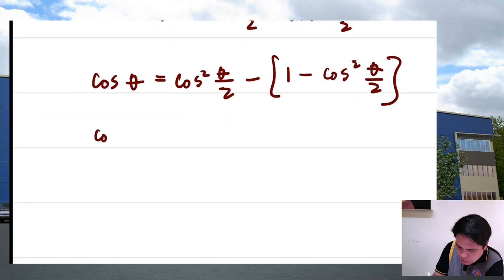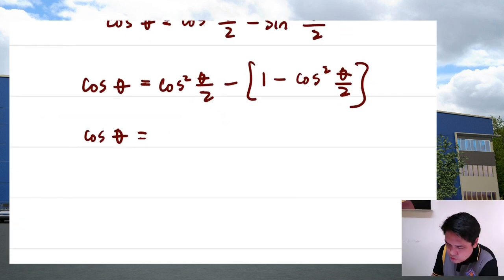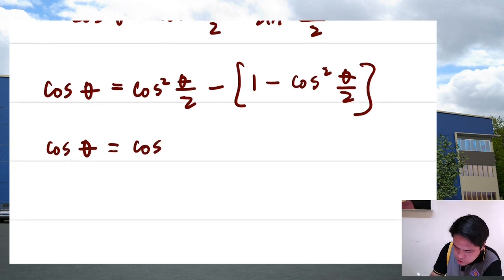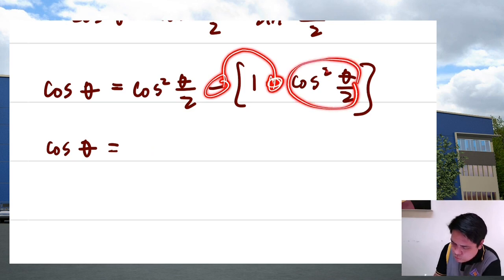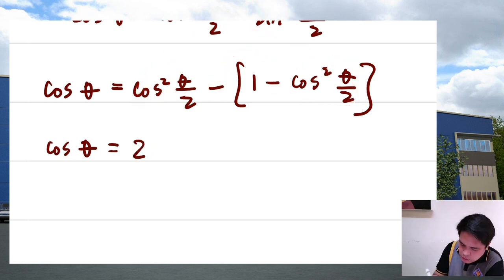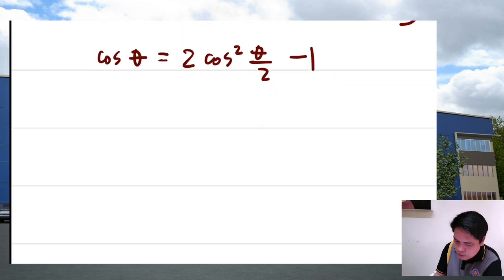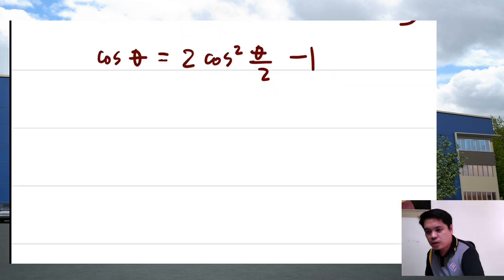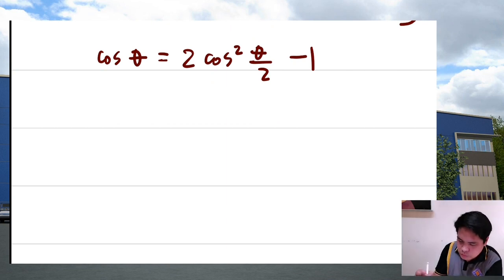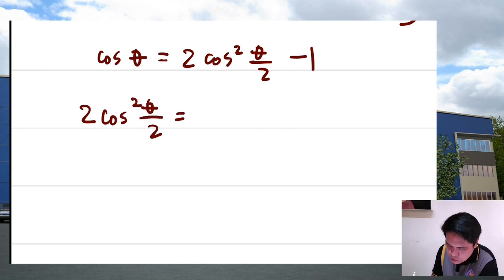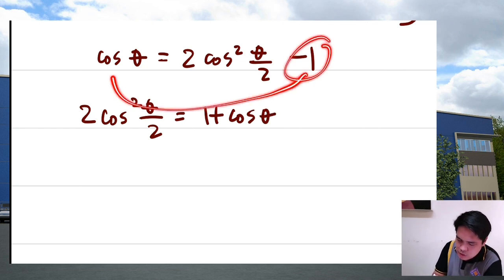Then that would become cosine theta is equal to, or eto magiging addition na to. Then if we combine it here, magiging 2 cosine squared theta over 2, then minus 1. Then if we solve for cosine theta over 2, that would be 2 cosine squared theta over 2 is equal to 1 plus cosine theta, or I simply transfer it here.